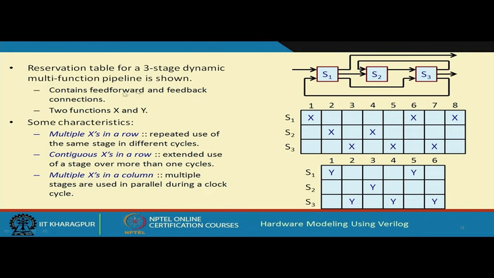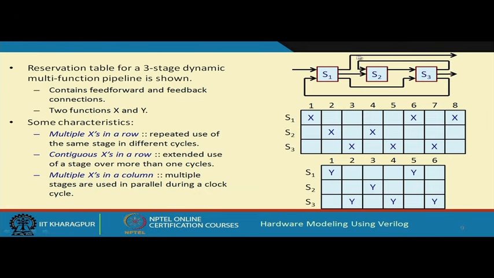Let us say, suppose I am computing two functions x and y. Now, in the function x, my pipeline utilization can be like this. First the data comes, it goes to S1, then S2, then S3, from S3 it again goes to S2. You see, from S3 to S2 there is a path, from S2 again to S3, S3 to S1, and S1 to S3 also there is a path, S3 to S1, and finally it finishes.